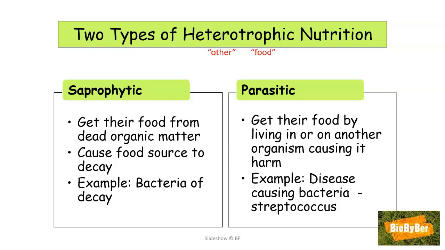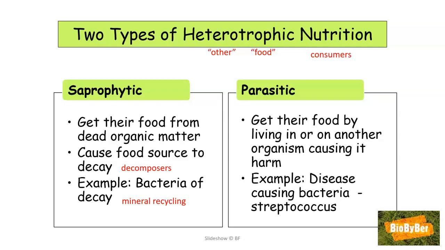Basically, the saprophytic bacteria cause their food source to decay. They would be known as consumers as well, and they play a very important role in nature because they are decomposers. They help mineral recycling because the bacteria of decay convert the minerals in their food source and release these minerals back into the ground.